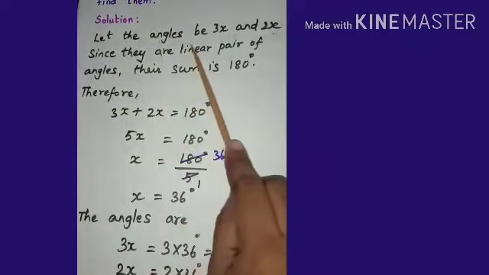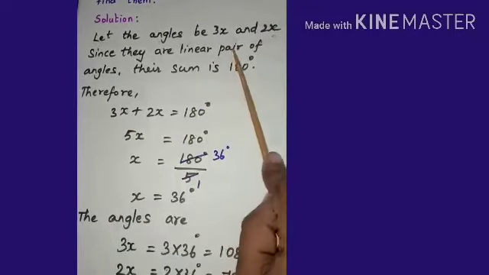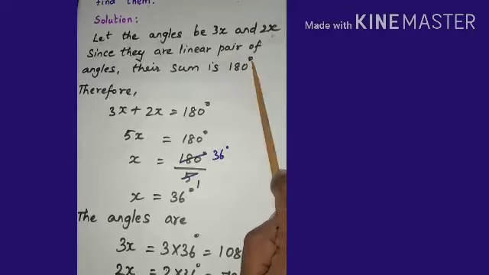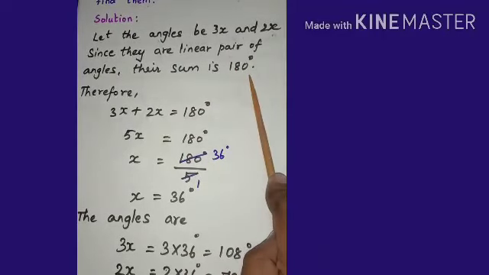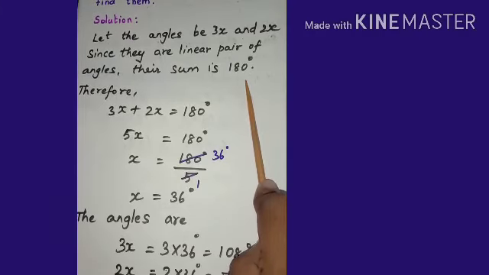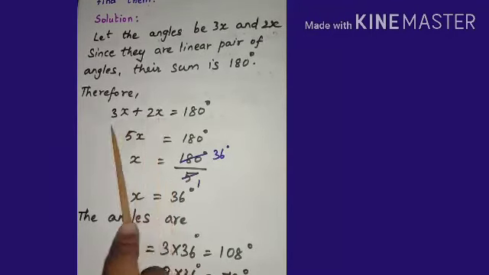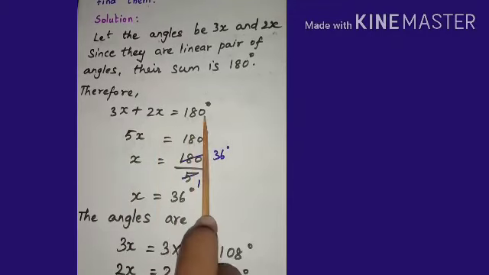Let the angles be 3x and 2x. Since they are a linear pair of angles, that is, adjacent angles that are supplementary, the sum of the given two angles is equal to 180 degree.